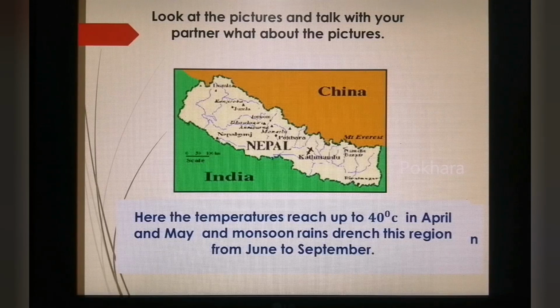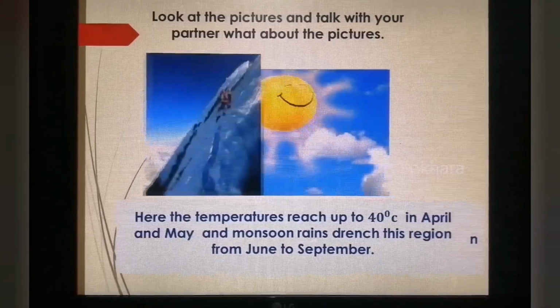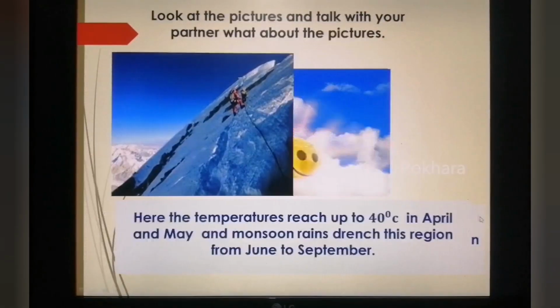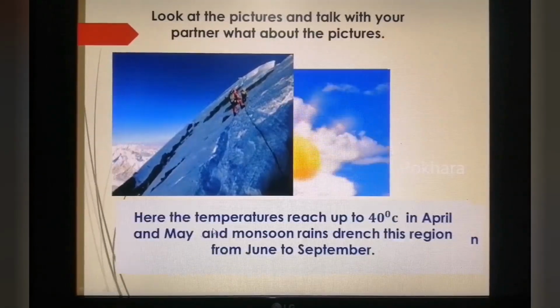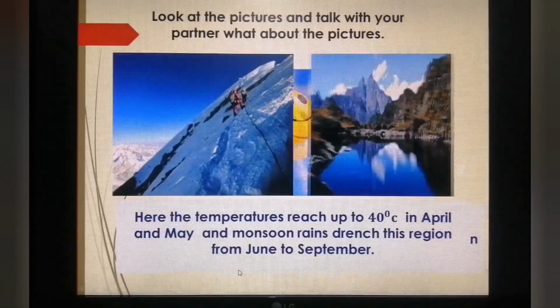So learn it by heart, the information that the monsoon rains drench this region. That means it rains in Nepal from June to September.